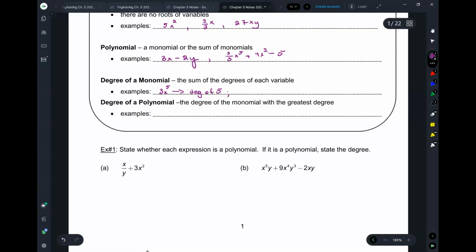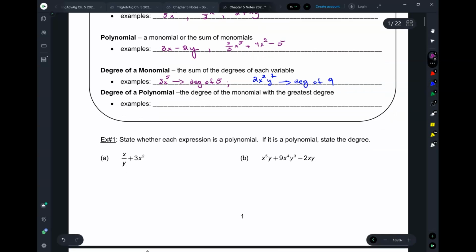Similarly, if I have, let's say, 2x squared y to the 7, now I've got two variables, and the degree is the sum of the exponents, which is 9. Okay? So that's just if you have a monomial. Both of those are a monomial.